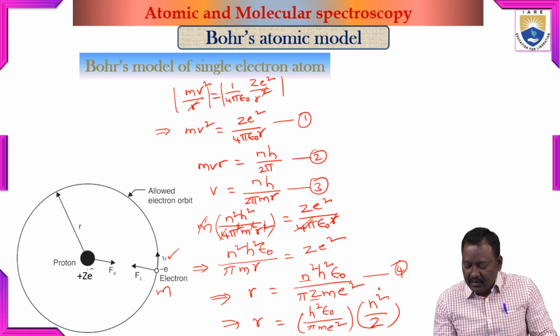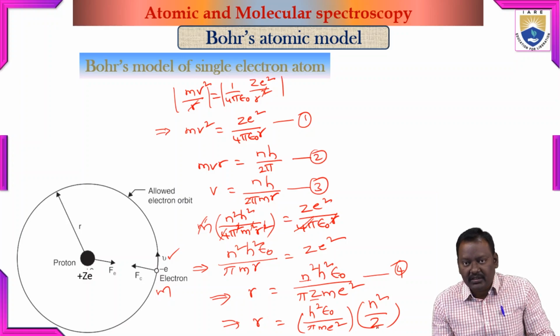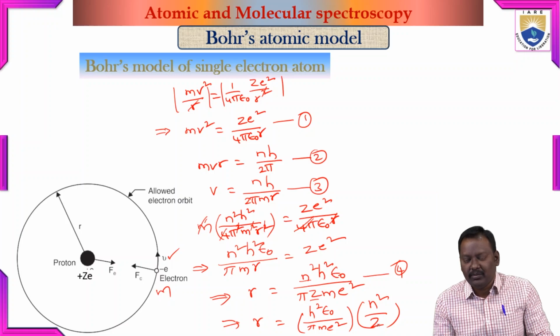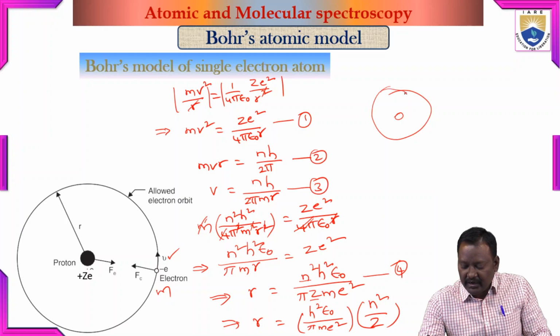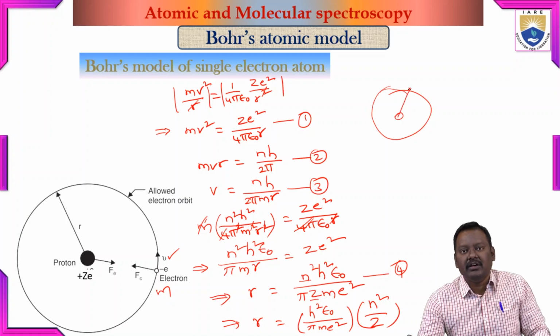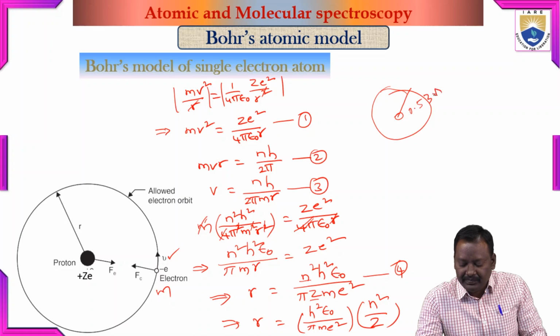As the number n increases, the radius increases, but as the atomic number Z increases, the radius decreases. That means for the hydrogen atom, particularly the first orbit, we already found that the first orbit of the hydrogen atom is 0.53 angstrom. That is for hydrogen, Z equal to 1.